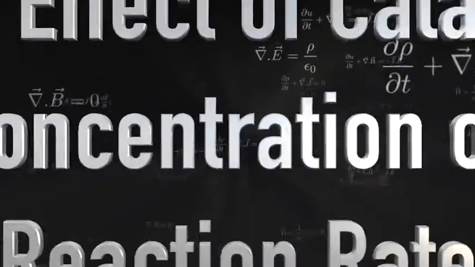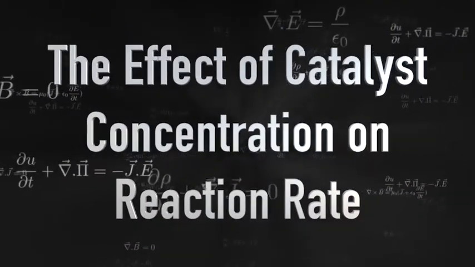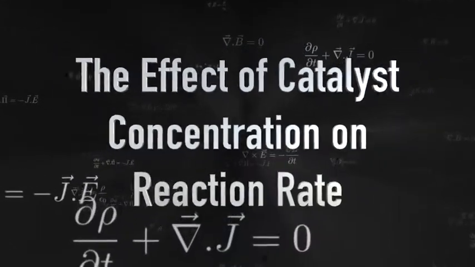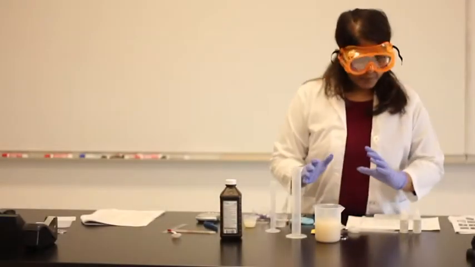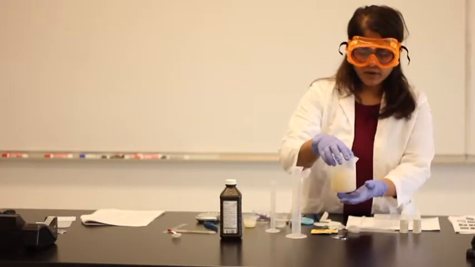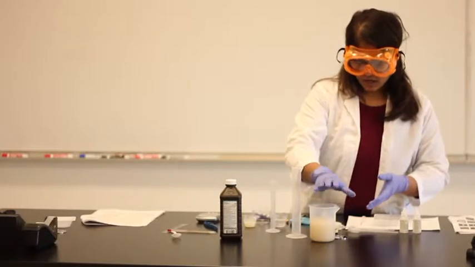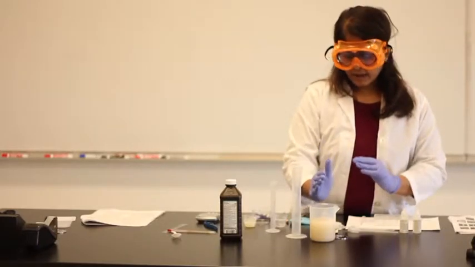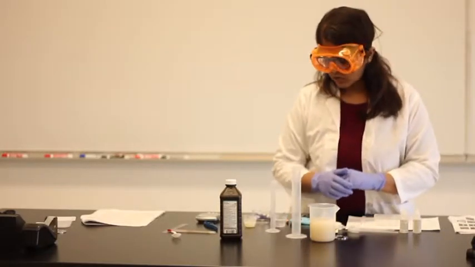Okay, now for this enzyme catalysis lab, what are the things we need? I have prepped some of them. First of all, we need the yeast. The yeast solution has already been made, and we'll get the catalase enzyme from it.